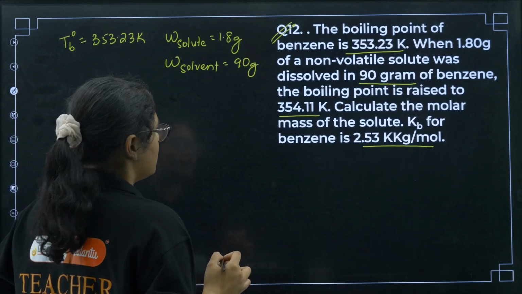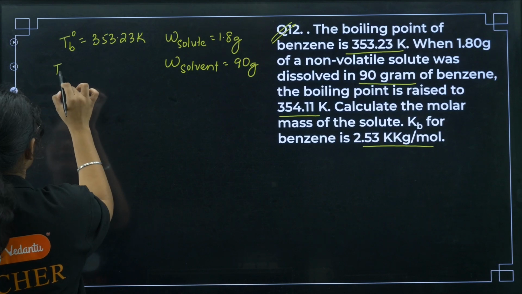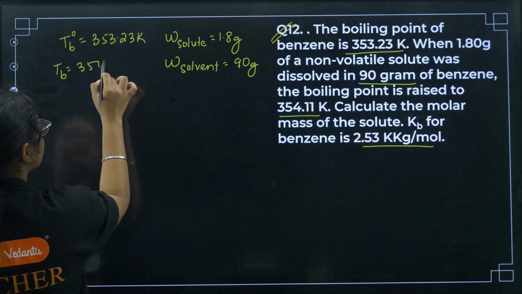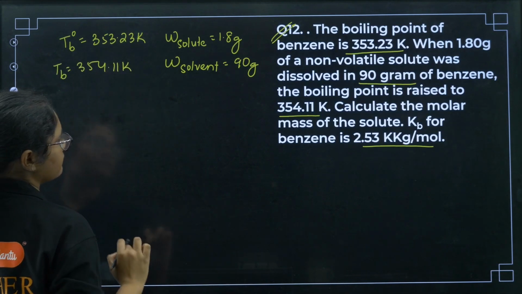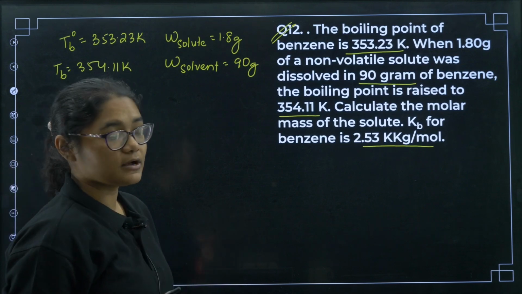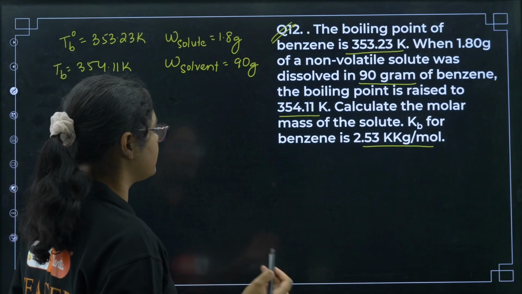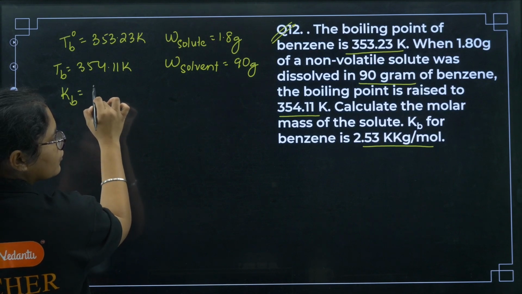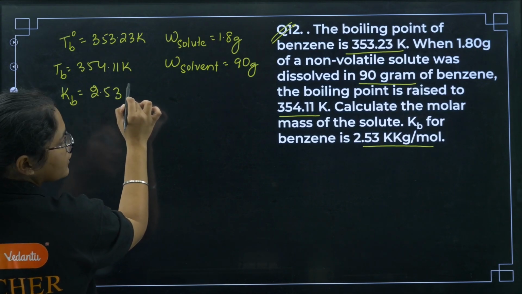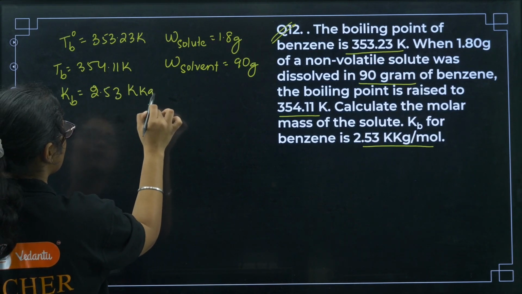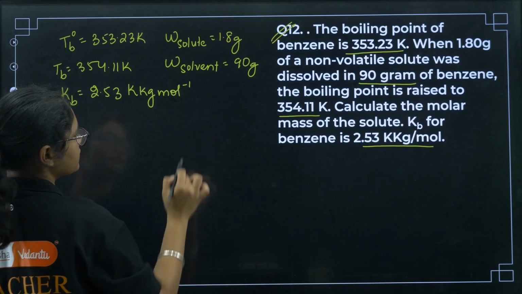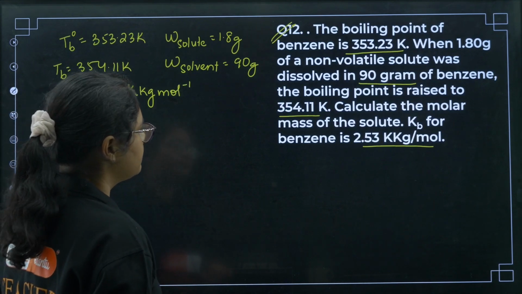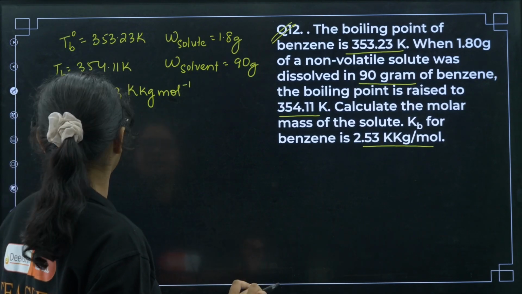The final boiling point Tb is 354.11 Kelvin. Calculate the molar mass of the solute. Kb value is also given to you, 2.53 Kelvin kilogram mole inverse. I think I have written all the values.